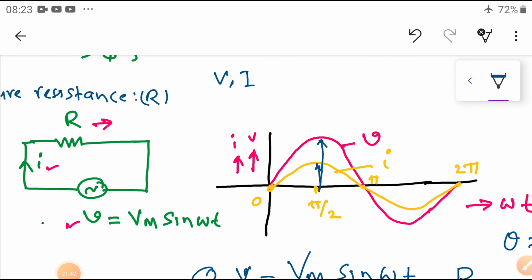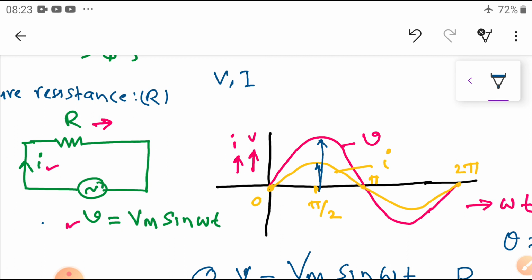What have we seen in this class? We have seen that once pure resistance is connected in AC circuits, what is the relation between the voltage and current, and what is the power consumed by the resistance.